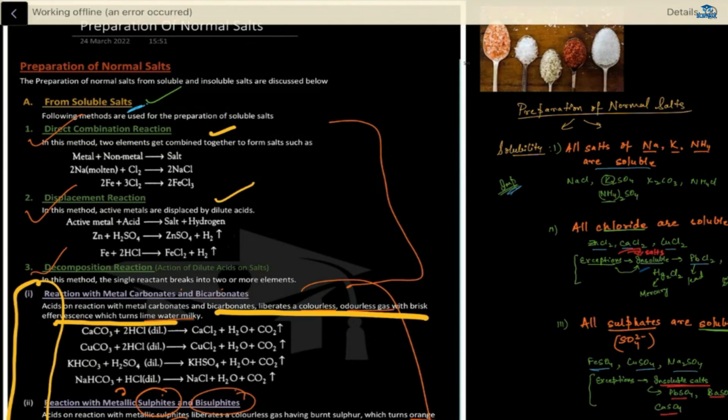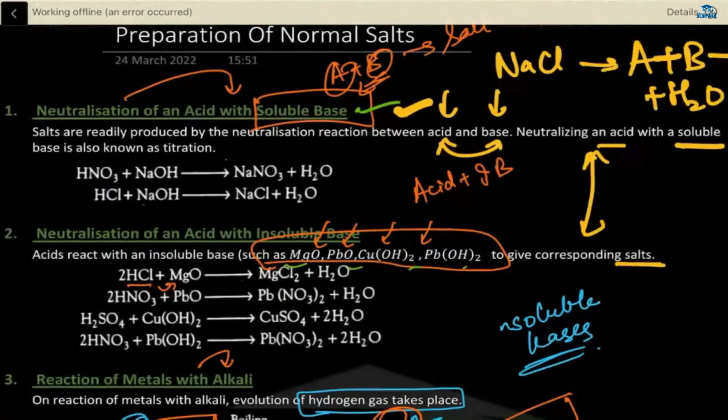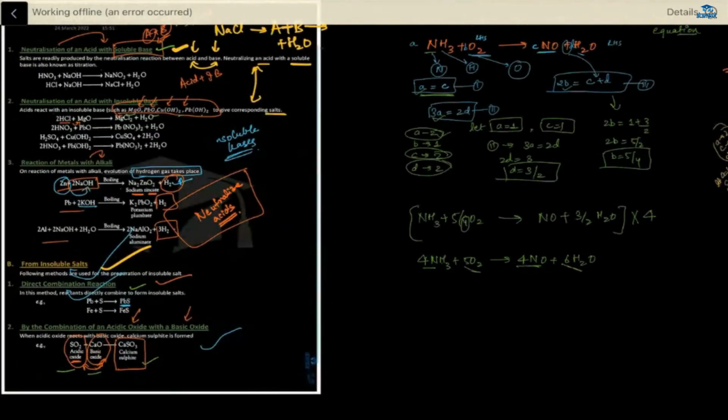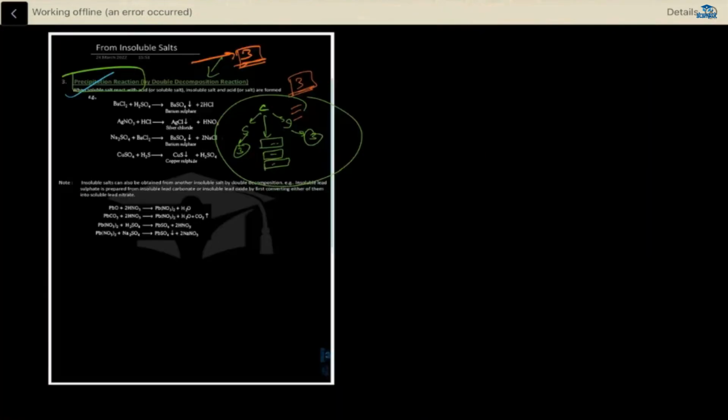In the soluble, there are three: direct combination, displacement, decomposition, and within decomposition, you have three reactions, with metal carbonates, bicarbonates, sulfides, bisulfides. And from insoluble, there are also three reactions: combination of acidic oxide, and last is your precipitation reaction.